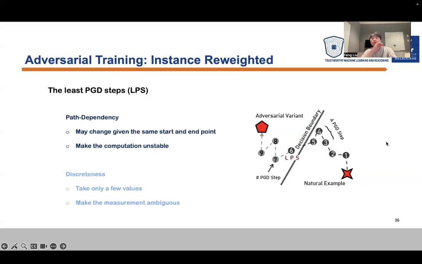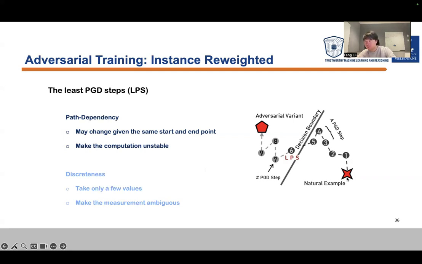However, we found that this kind of method has two major problems. The first problem is that this kind of method is path dependent. So it may change given the same start and end point. Now if we consider the adversarial variant is here, the natural example is here.